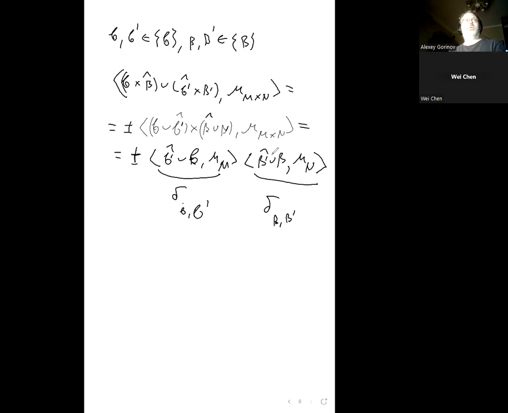And then I will have beta roof, cap beta prime, and the result will be exactly the same up to sign.